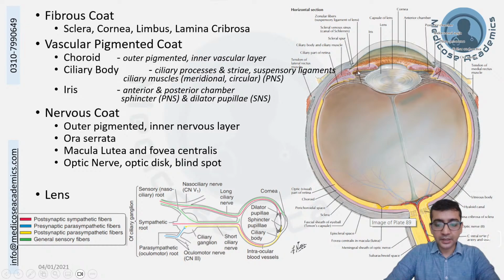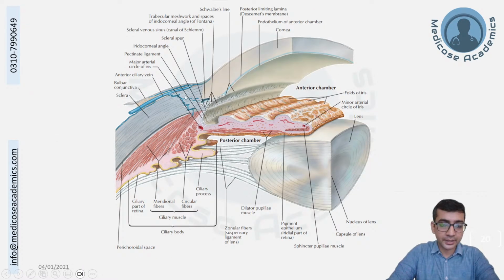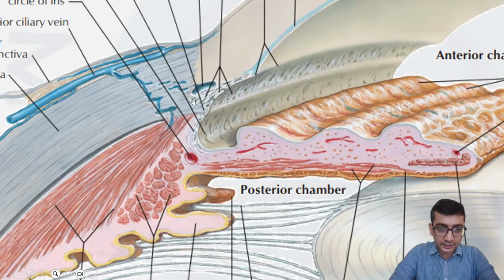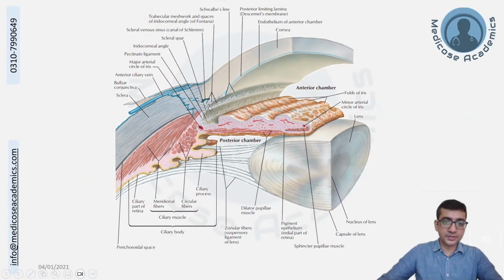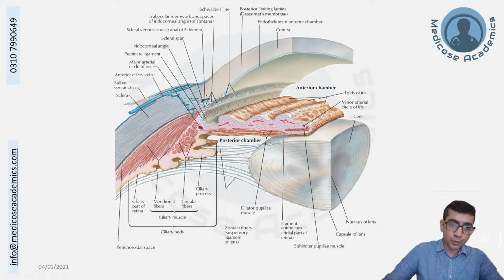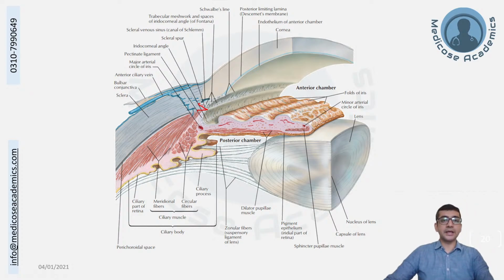This will be better shown in this zoomed area. On the inner aspect, there is a spur of sclera protruding towards the inside of the chamber, known as the scleral spur.